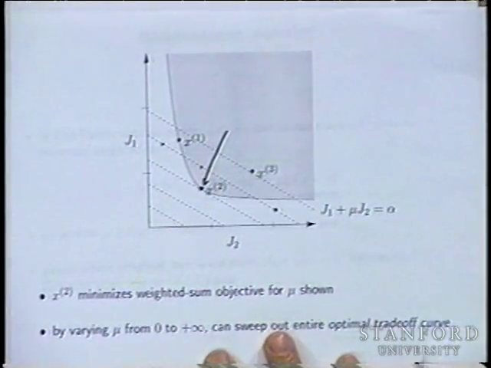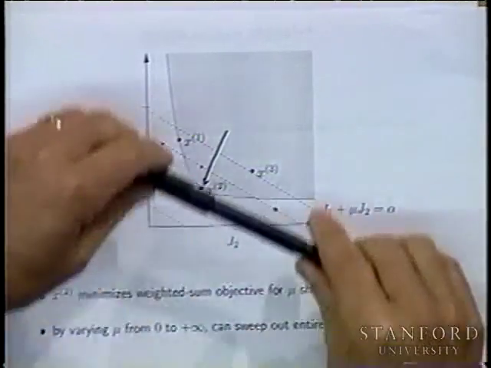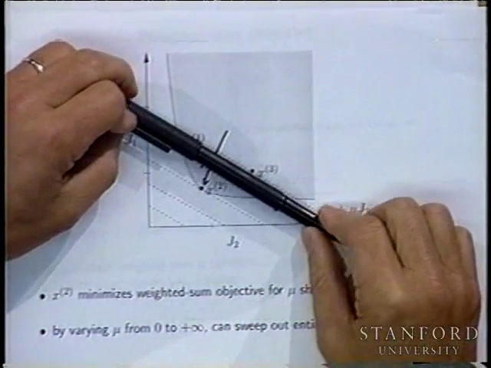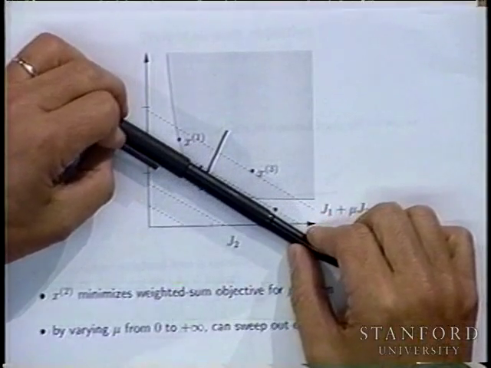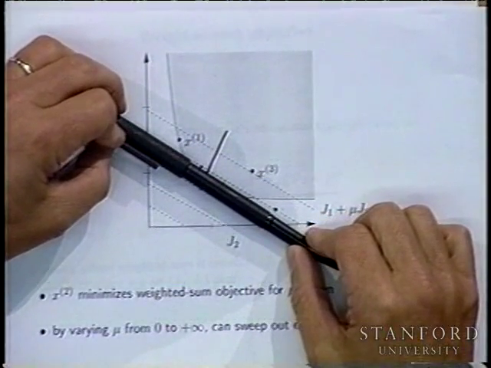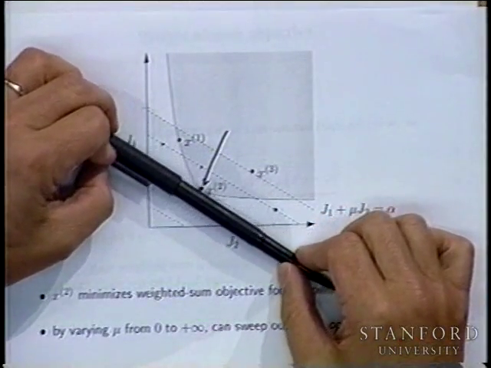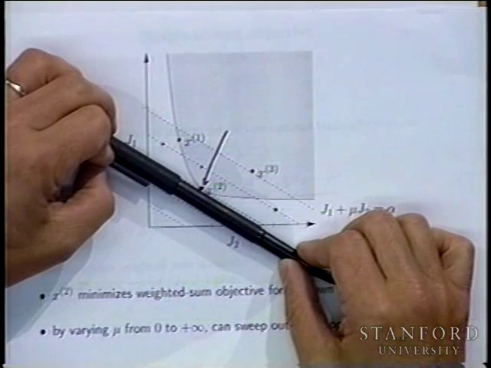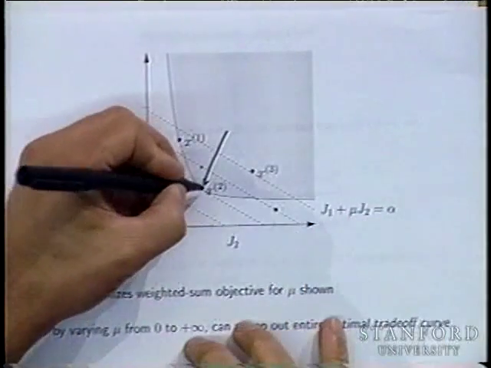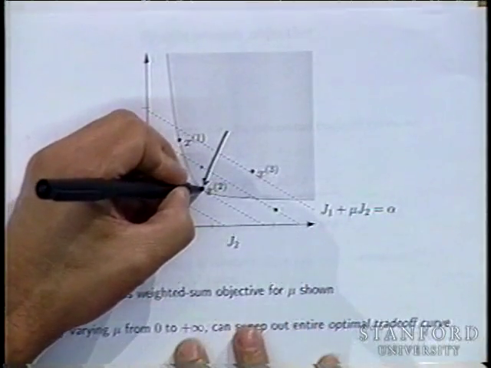And if you were to minimize J1 plus mu J2, here's what you're doing. You're moving this line with a slope of minus mu, which is fixed, and you simply move it down until you last have contact with the set of achievable points. Okay? Now, that is always a point on the Pareto optimal curve.